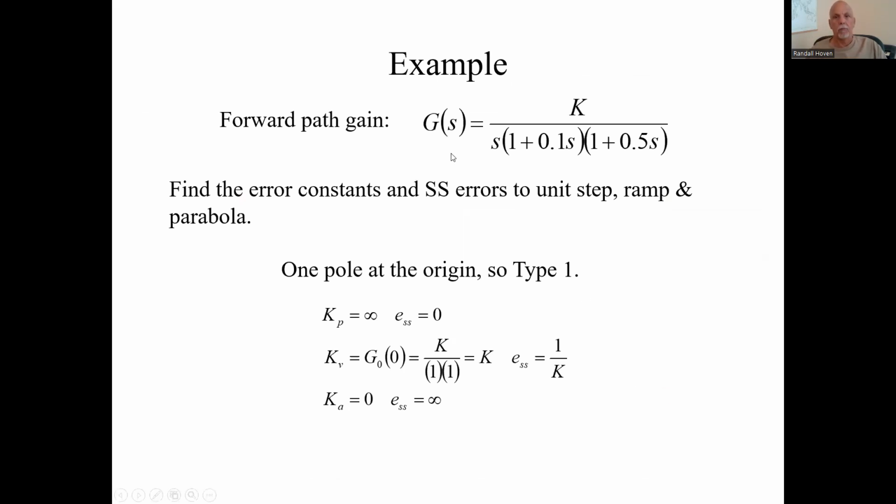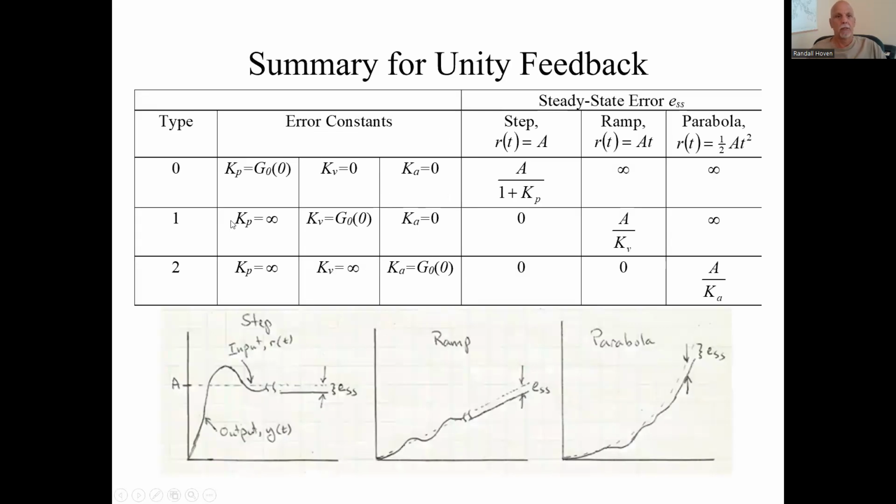Example, let's see. Now we only need the forward path gain. Here it is for this example. The feedback path gain is 1, otherwise we couldn't do this. Find the error constants and the steady state errors to a unit step, ramp, and parabola. Well, P has 1 pole at the origin, so it's type 1. Then we just go back to this table here.